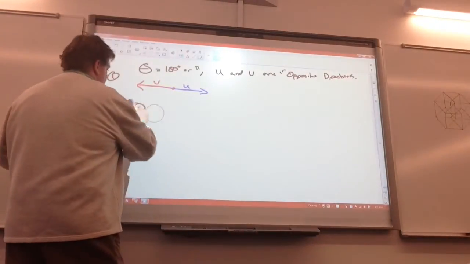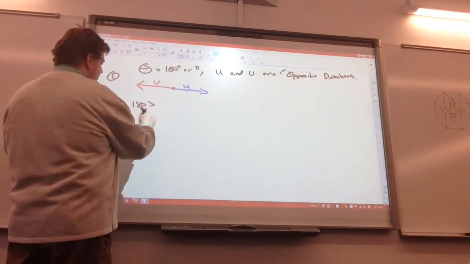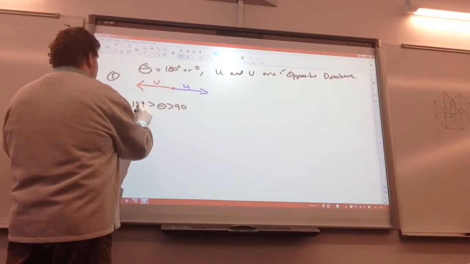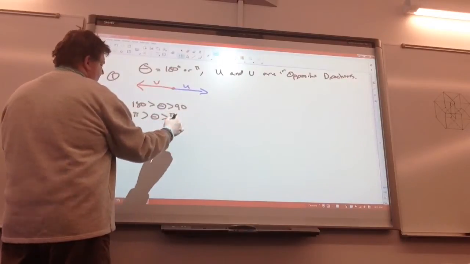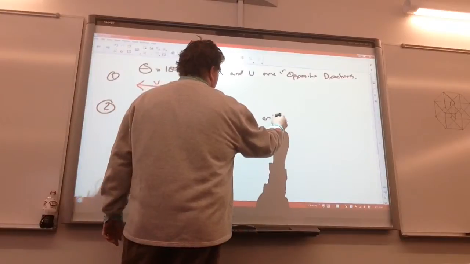Let's write this up properly. If 180 is greater than theta, which is greater than 90, or pi is greater than theta, which is greater than pi over 2, u and v are obtuse.